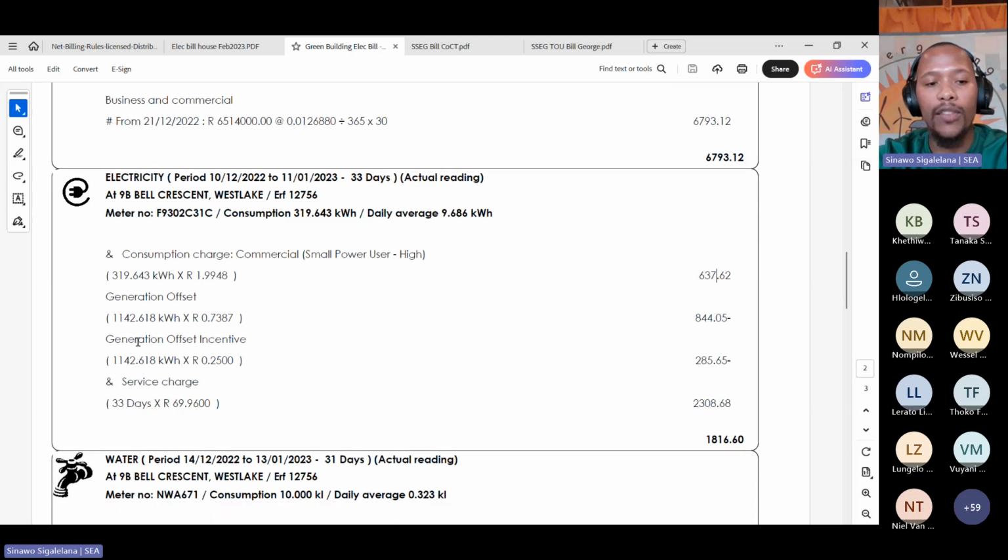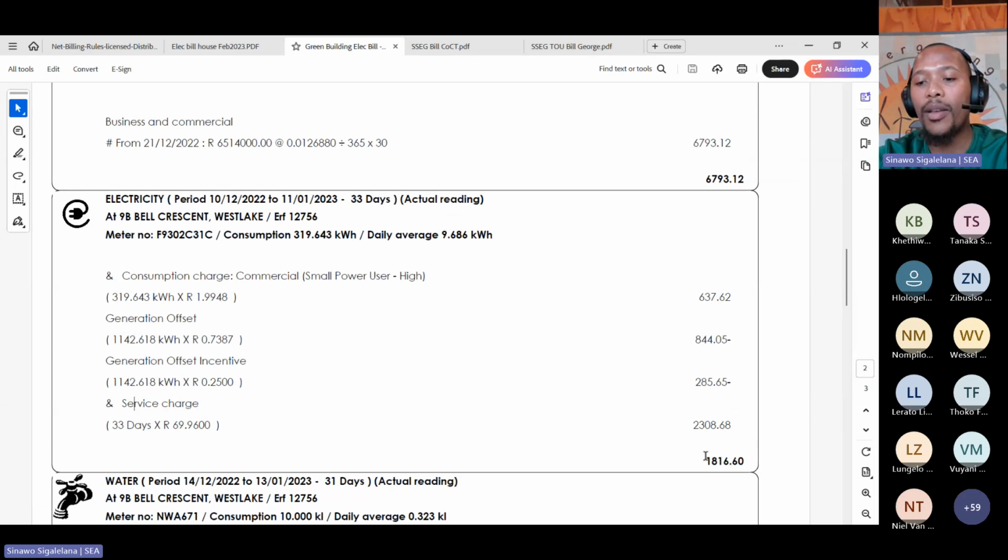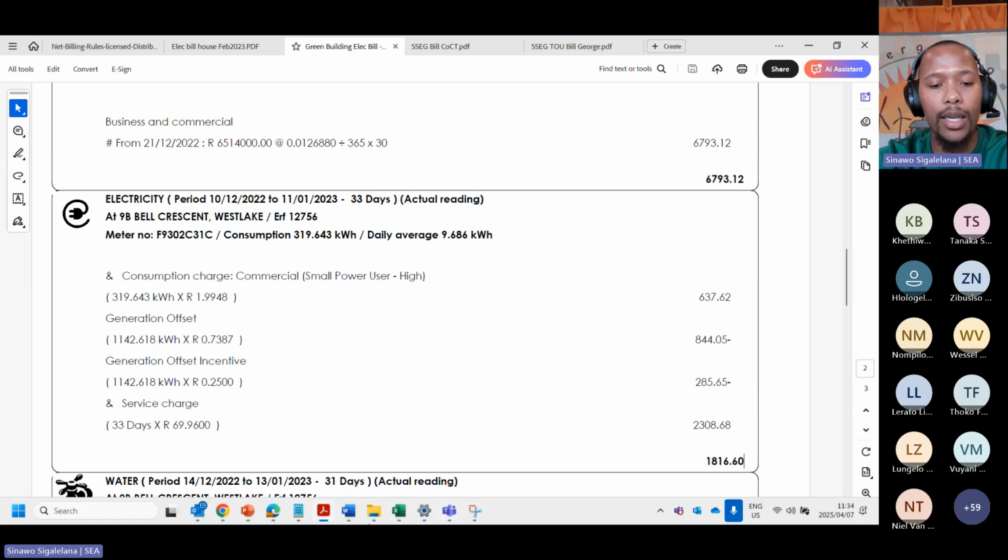Okay, they still have an incentive, which is nice. And then there's a basic charge of around 69 rand, right? So this is the total amount that the customer is paying, right? So you see that once again, we have offset against the entire bill. How do we see that? Where's my calculator?